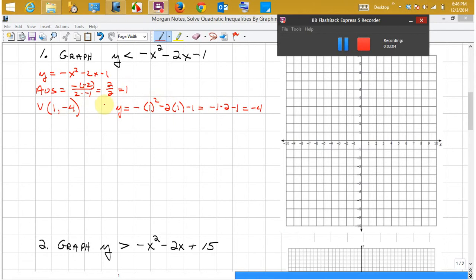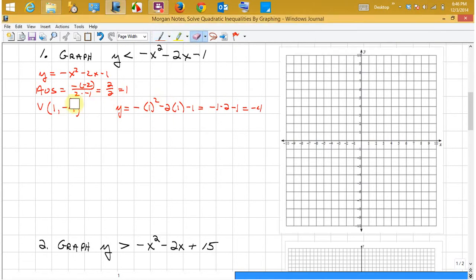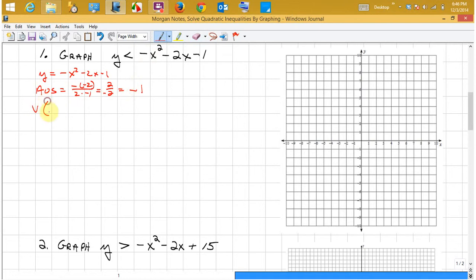Okay, that doesn't seem right to me, so let me try that again. I think I probably made a mistake up there. Let's try it again. So the axis of symmetry is the negative of negative 2, so that's a positive 2. 2 times negative 1 is negative 2, so my axis of symmetry is negative 1. So my vertex is going to be at x equals negative 1, and let's figure out what y is.